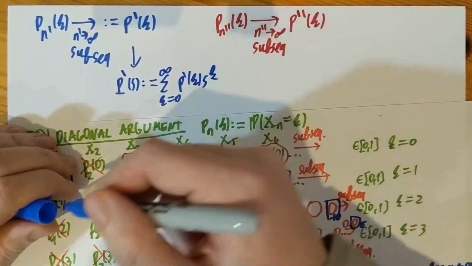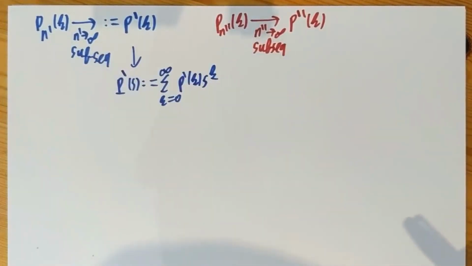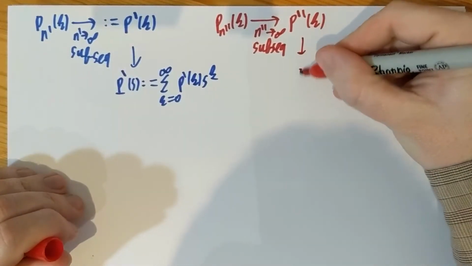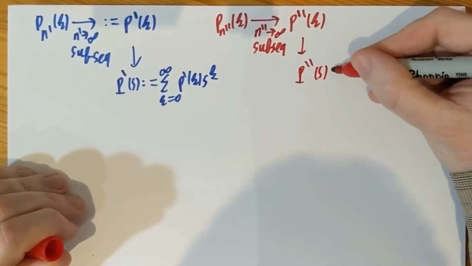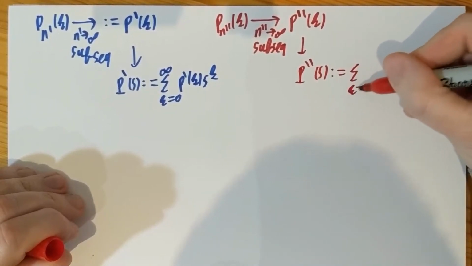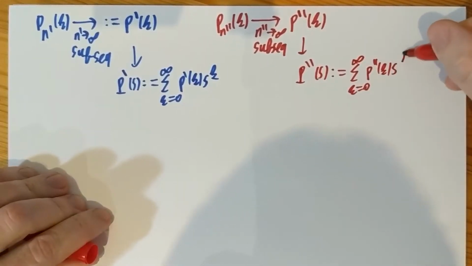That's the generating function produced from the limit of the p primes. And we're going to produce the generating function out of the p double primes, sum from 0 to infinity, p double prime k s to the k.